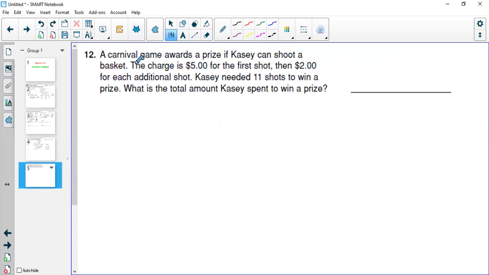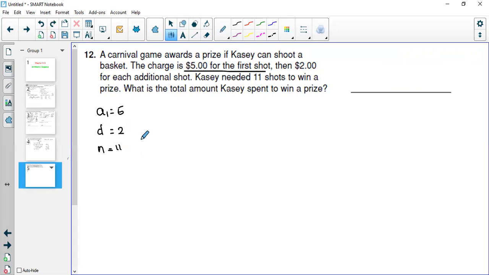One more question. A carnival game awards a prize if Casey can shoot a basket. The charge is $5 for the first shot. So they said $5 for the first shot, which means A1 is going to be 5. Then $2 for each additional shot, so the difference is going to be 2. Casey needs 11 shots to win a prize. So n is going to be 11.